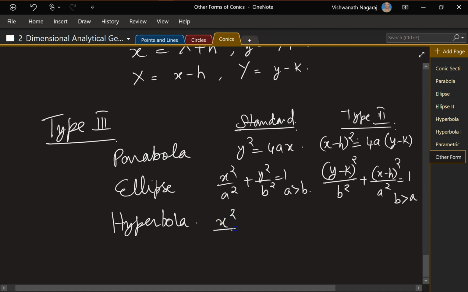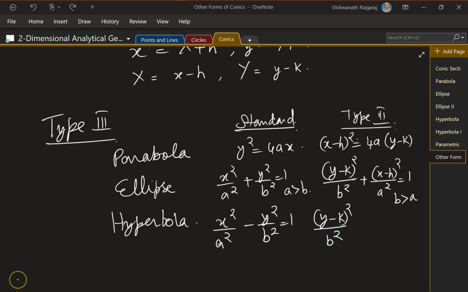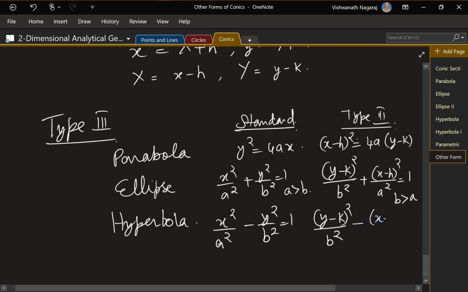Now in case of hyperbola, x square by a square minus y square by b square is equal to 1. Here again interchange x and y, so this becomes y, but then you shift the origin: y minus k square by b square minus x minus h square by a square is equal to 1.